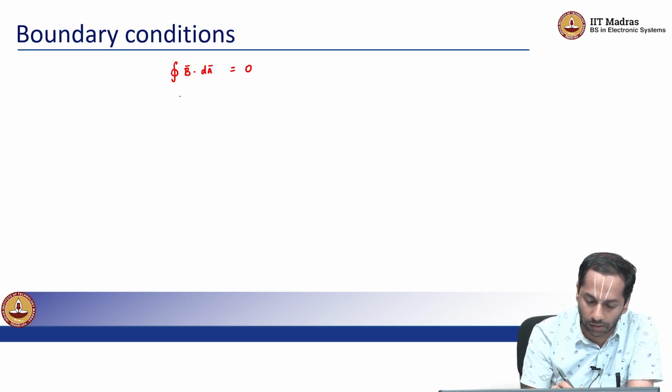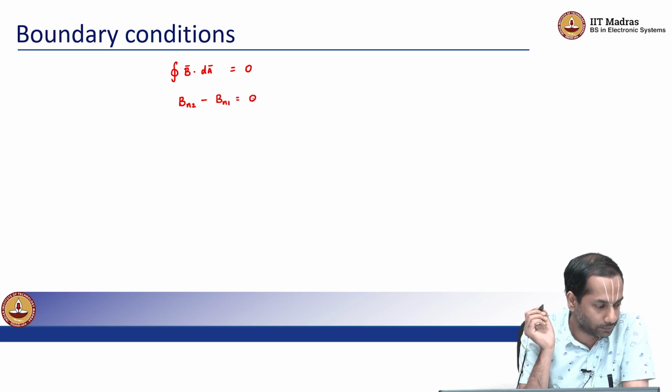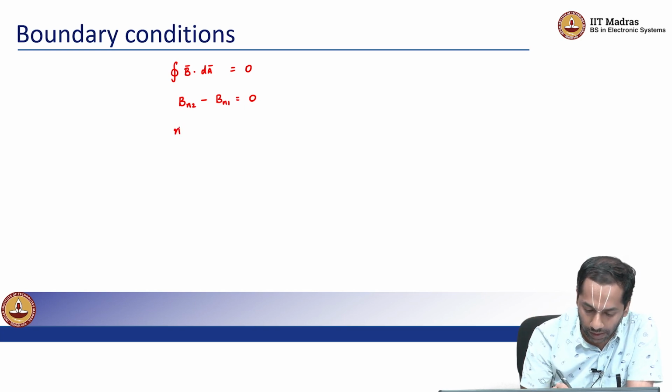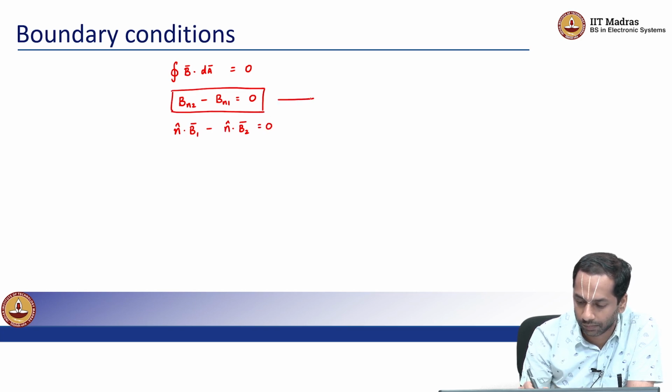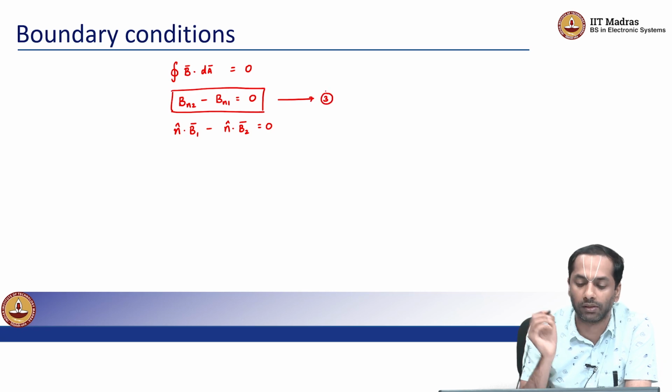This essentially would give us Bn2 minus Bn1 is equal to 0, right. Or n dot B1 minus n dot B2 is equal to 0. This is our third boundary condition.